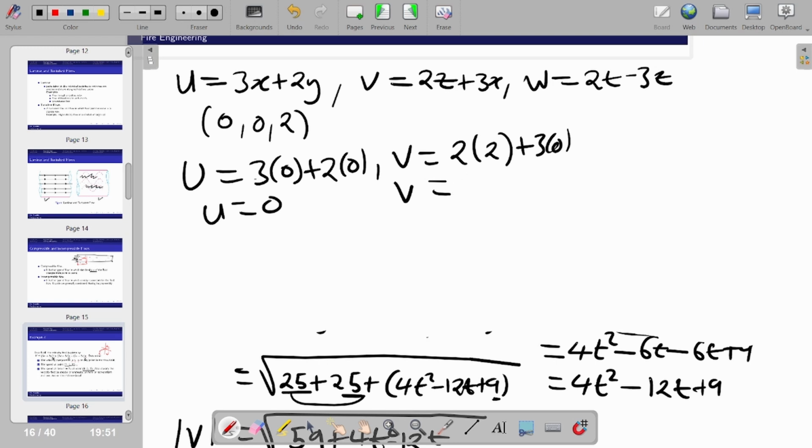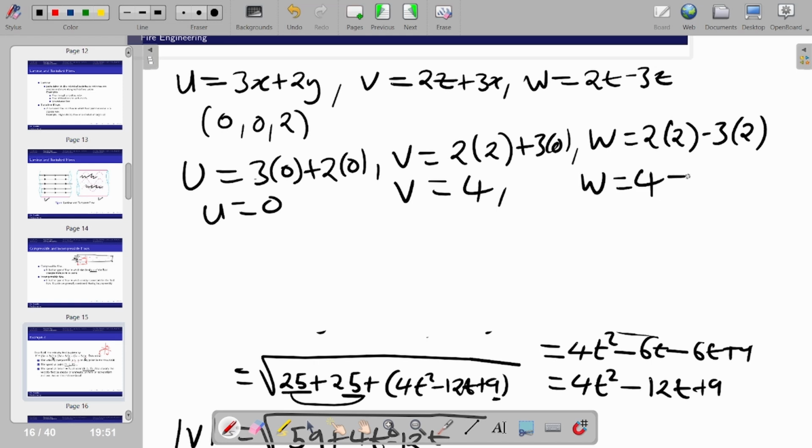So v is 4. Then what about w? We've been given time to be 2 seconds, minus 3, 2 again there. So w will be given by 4 minus 6, minus 2.